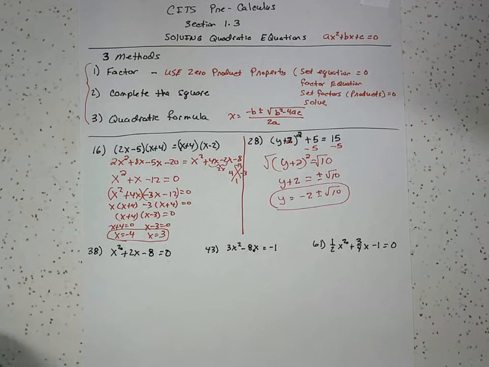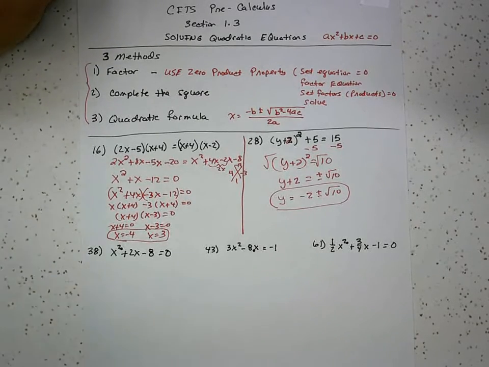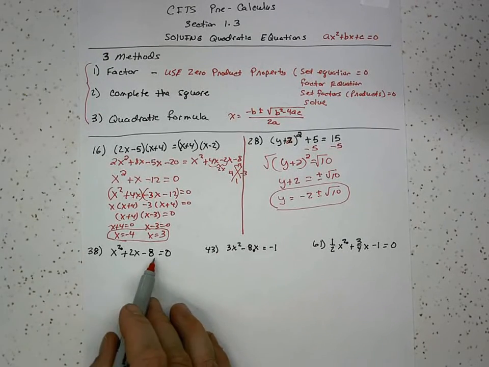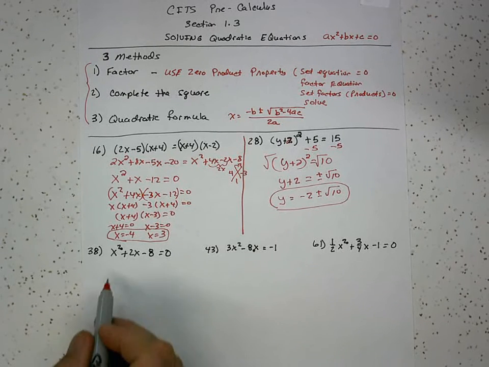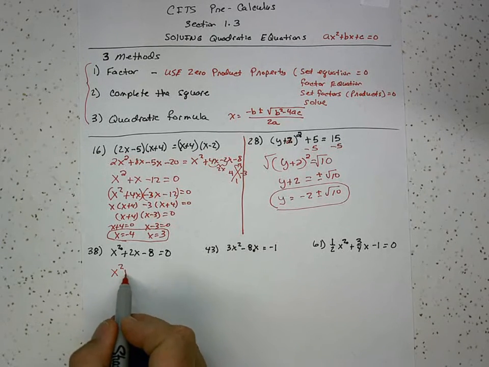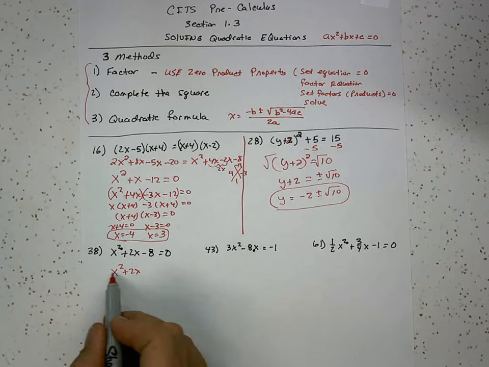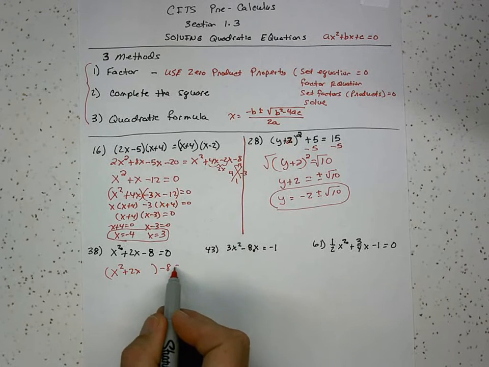Number 38, let's solve that by completing the square. Okay, so completing the square, we're going to get the x squared plus 2x alone.